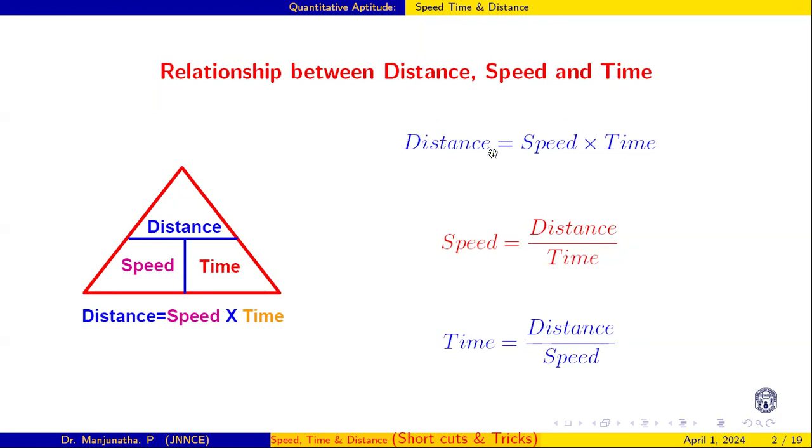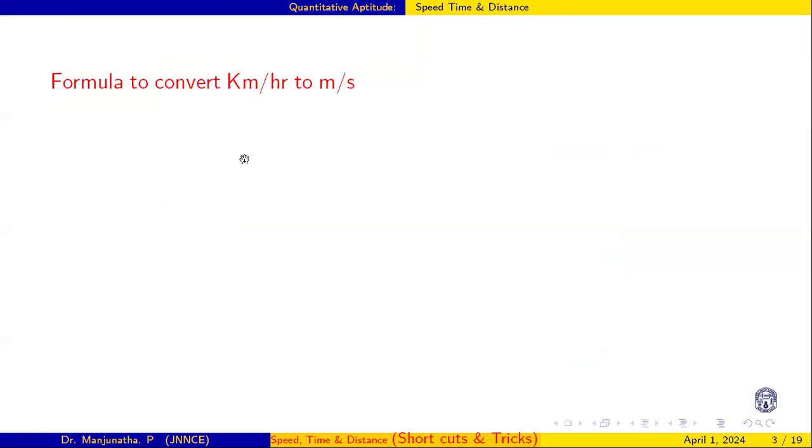These relations are very simple, with three parameters: distance, speed, time. Distance will be equal to speed into time, that is, at what speed it is traveling and how much time it has taken. In most cases, the units used may be kilometer or meter for distance, hour, minute or second for time, and kilometer per hour or meter per second for speed.